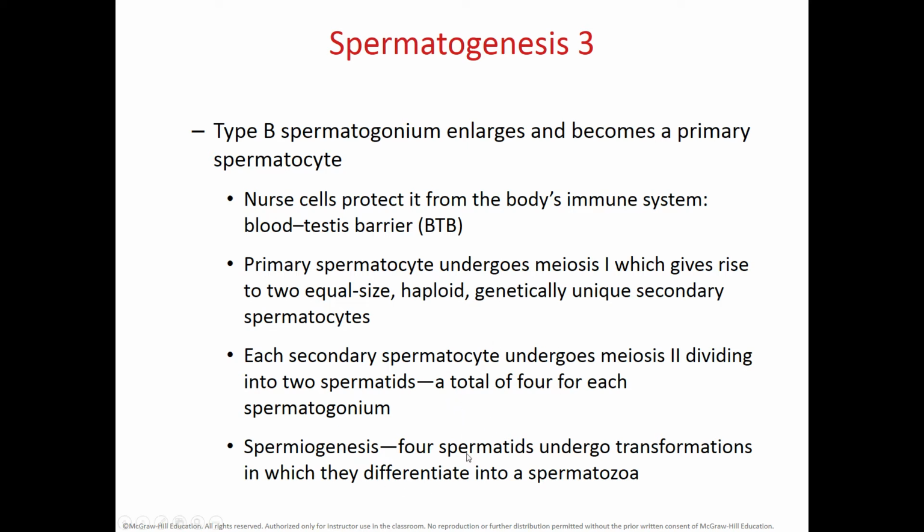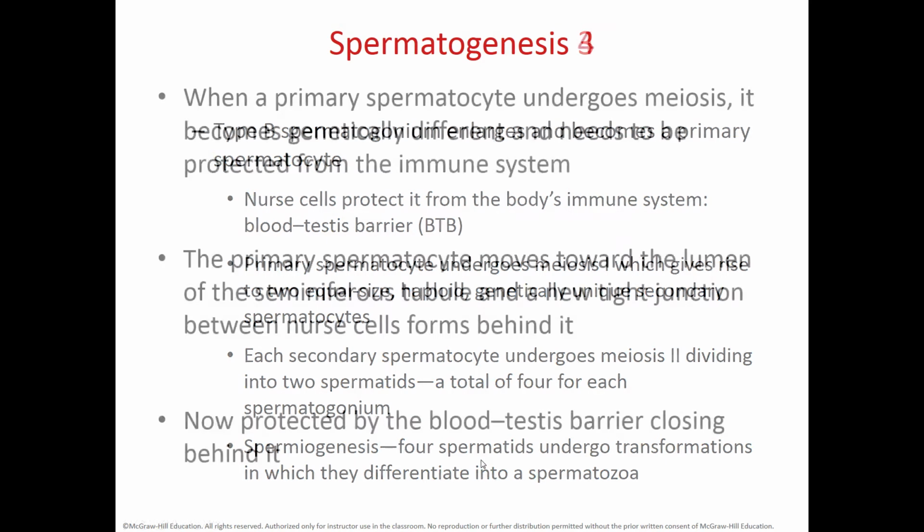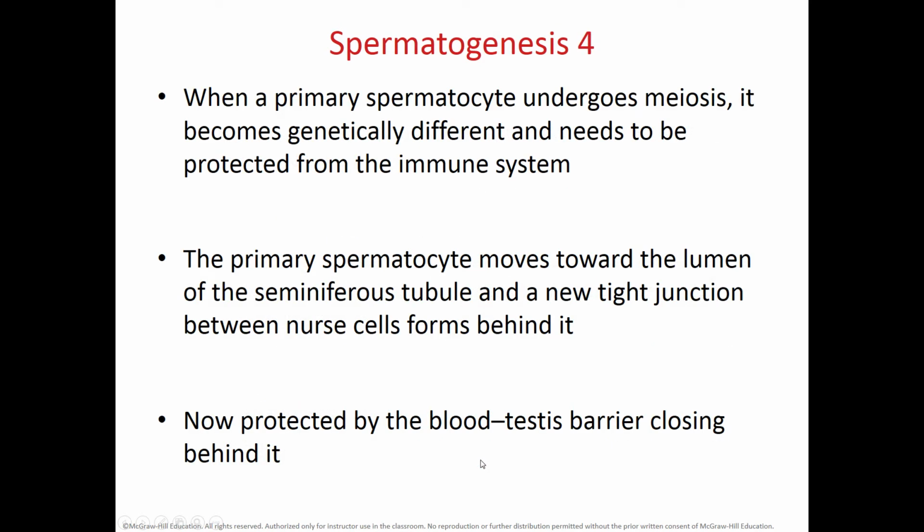So spermiogenesis is the formation of 4 spermatids, now with the structural changes that make them look like the actual mature sperm cells, and then you will migrate these immature sperm cells into the epididymis, so you can form mature sperm cells.